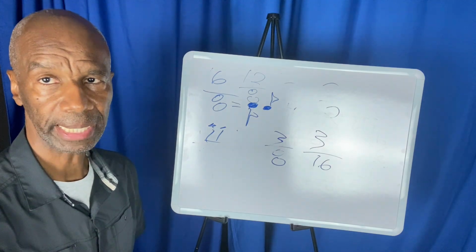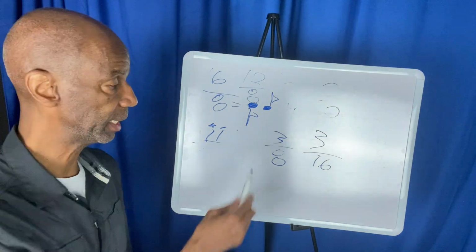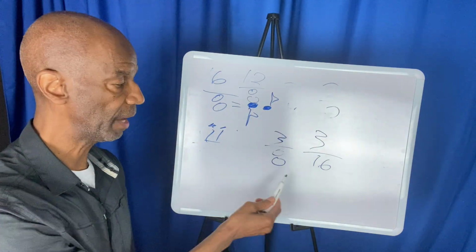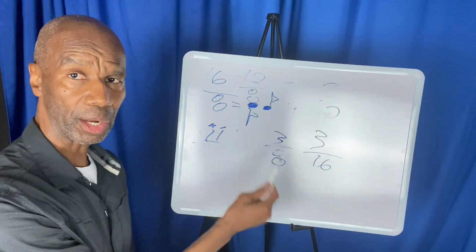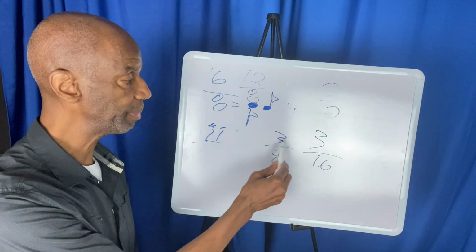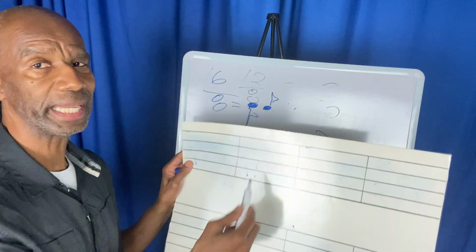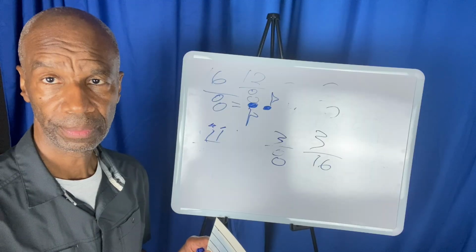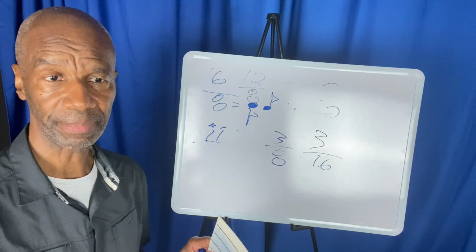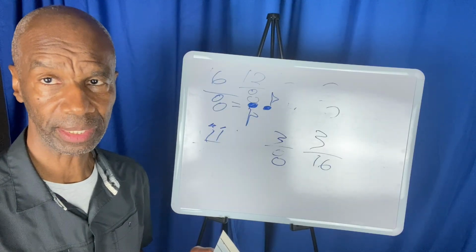3-8 tells us there are 3 beats in a measure. The top number tells us how many of these are going to occupy that space. 3 beats in a measure, the eighth note gets the beat, meaning there should be only 3 eighth notes in a measure. When I say only, I mean add up to 3 eighth notes.